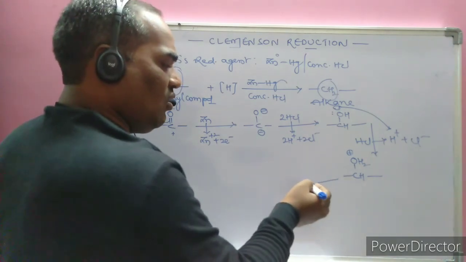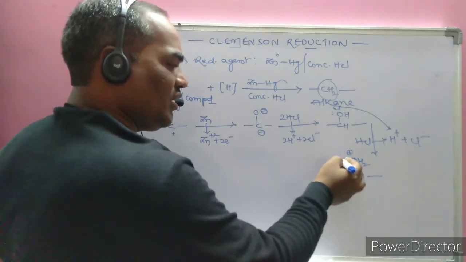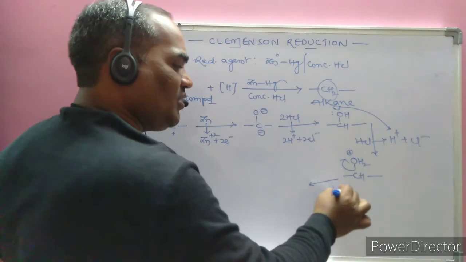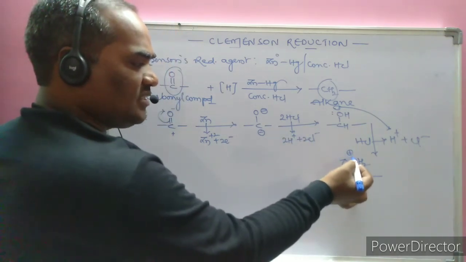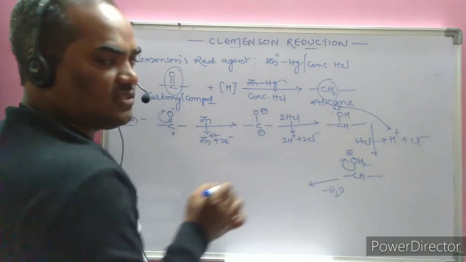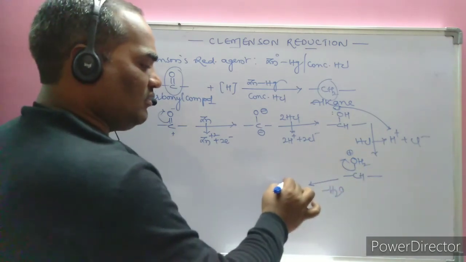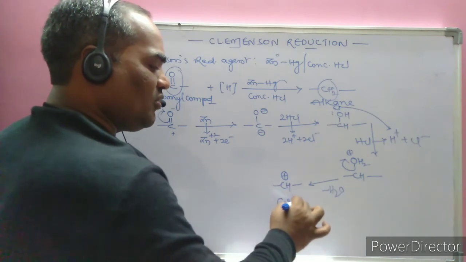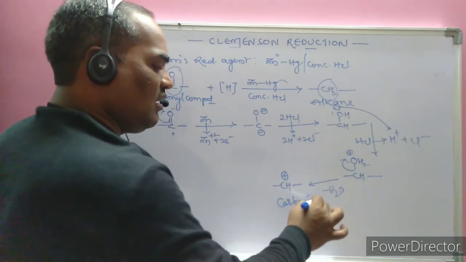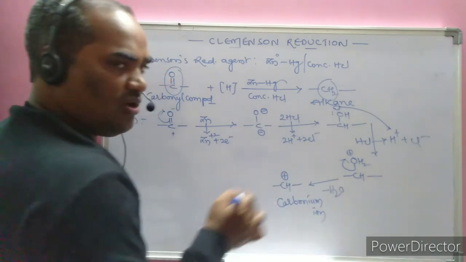We know well that oxygen is the second most electronegative element. It never appears as a positively charged one. The adjacent bond pair of electrons is accepted by the oxygen and it is lost as a water molecule. Now the carbon has lost its electron, so it gets a positive charge. The positively charged one is called a carbonium ion.